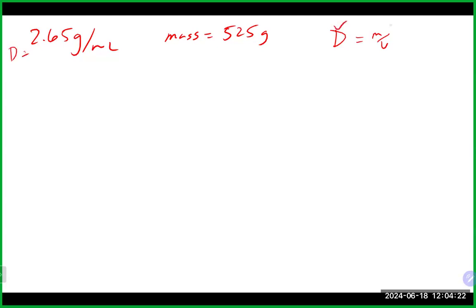So for example, here, 2.65 grams per milliliter, and we have a mass of, say, 525. I'll just make a new number up. Obviously this is going to be a density problem, and you could roll out your density equation here. We have the density given to us. We have the mass given to us. So we want to solve for the volume. The volume here would be mass divided by density by rearranging it. And you can plug and chug into this equation.